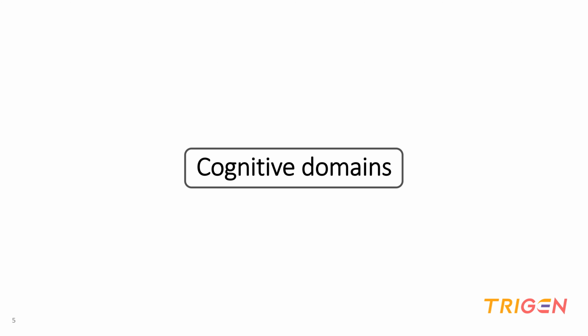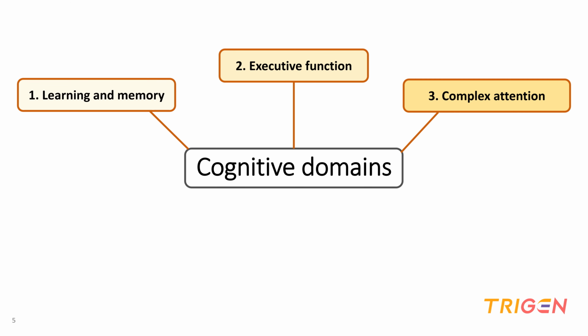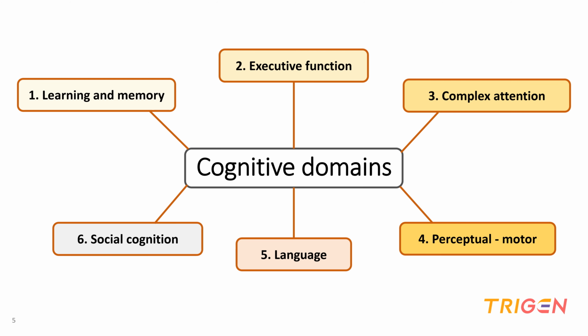There are 6 cognitive domains which I'll be going through with you. This is based on the Diagnostic and Statistical Manual of Mental Disorders, 5th edition, in short, the DSM-5. The first cognitive domain is learning and memory, followed by executive function, complex attention, perceptual motor, language, and social cognition.